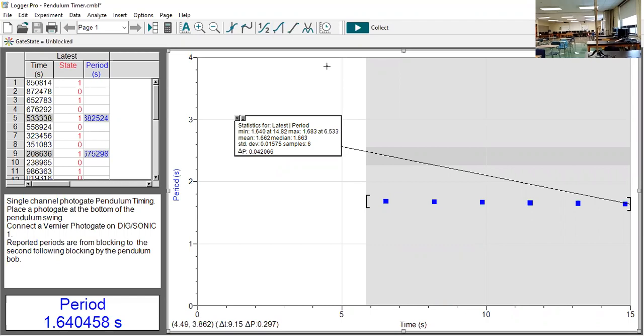Okay, and I'm going to stop sharing now. And we'll come back and take a look at our notes.